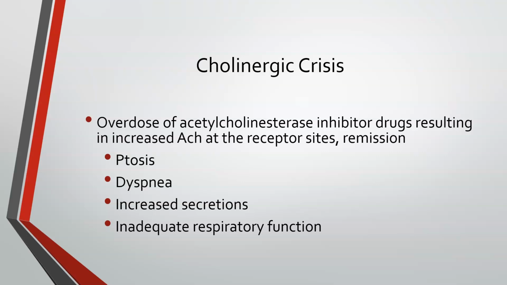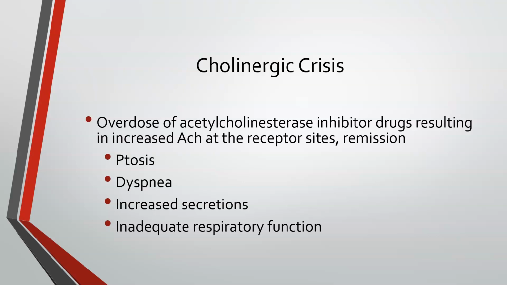A good way to remember is to put them side by side and do a comparison. In a cholinergic crisis, you may have increased salivation, increased lacrimation, increased urination. You will have diaphoresis, some GI upset. They may even vomit.